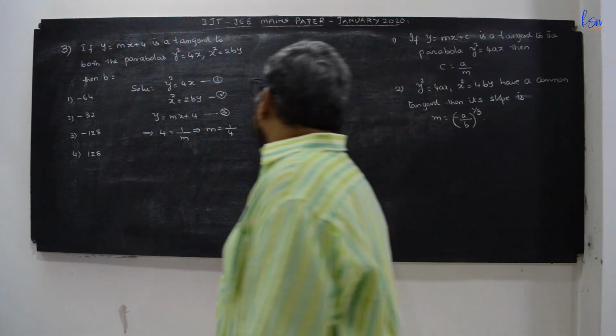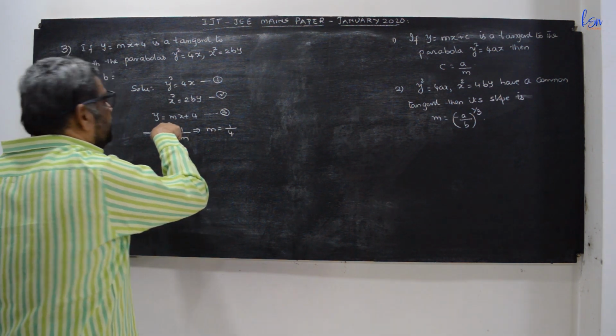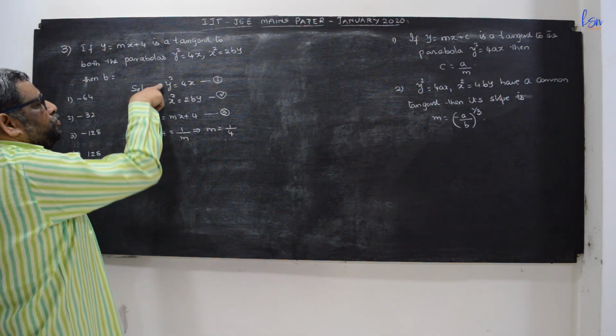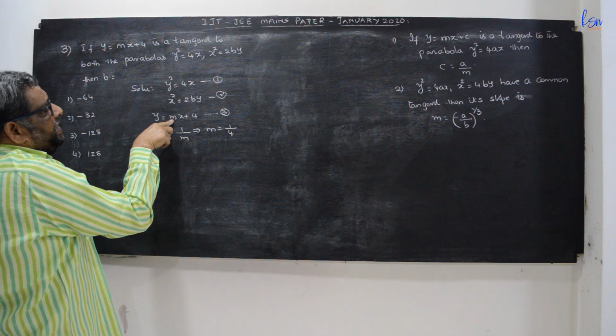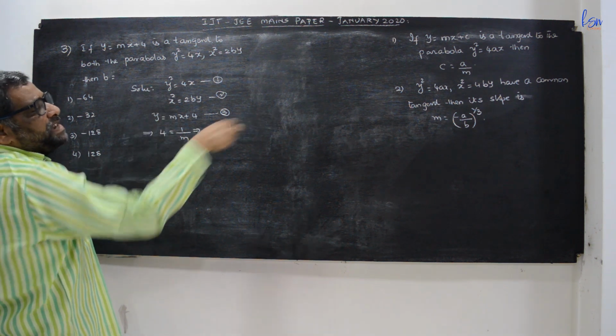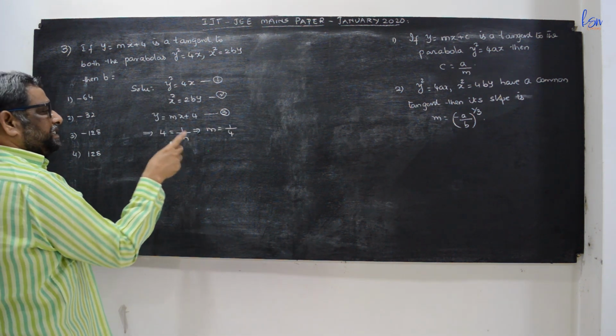Applying this formula here, this particular line, which is a tangent to both the parabolas, m must be equal to minus a by b whole power 1 by 3.